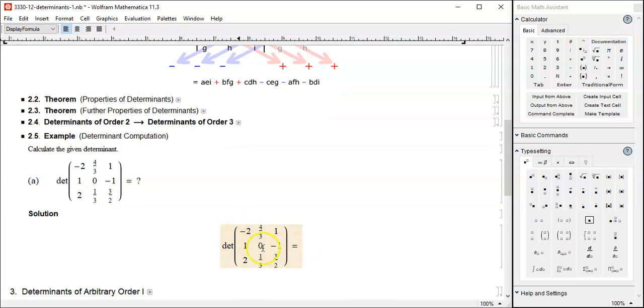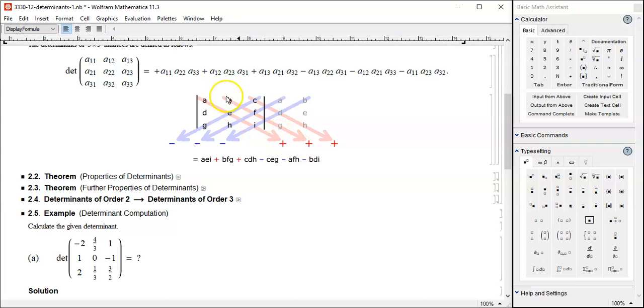So multiply these principal 3, that's 0. Next, these two numbers and that: 4/3, negative 1 times 2. And then this one and these two numbers: 1, 1, 1/3.